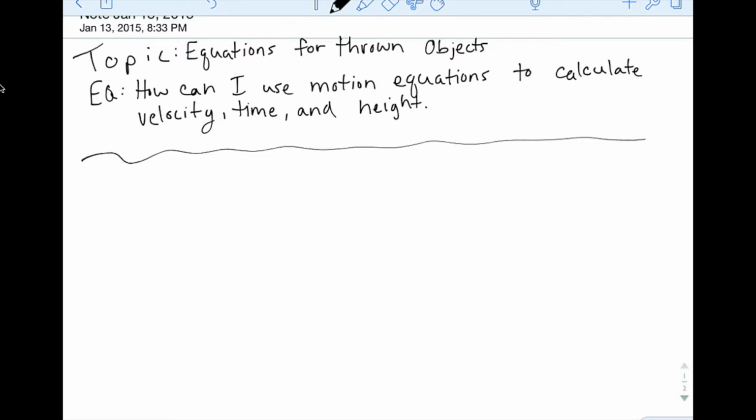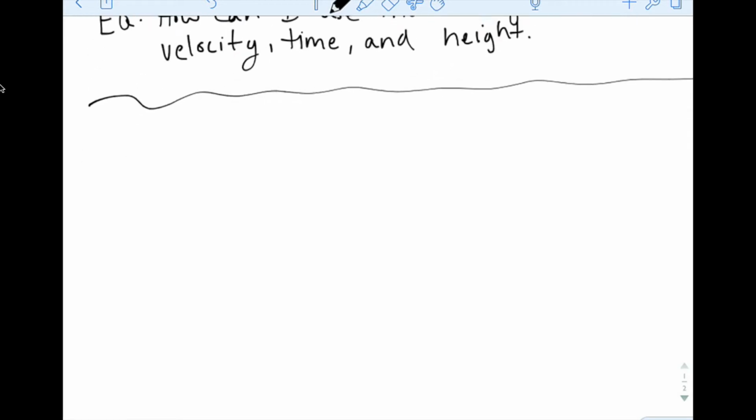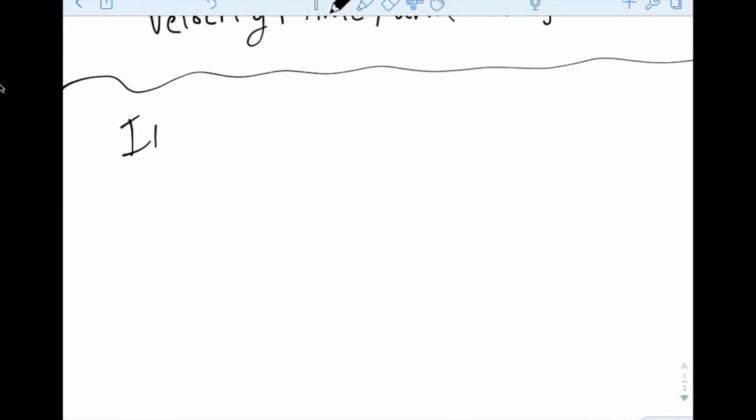And before we do anything else, I think there's one really big point that I want to make here before we go on. So this will be important.